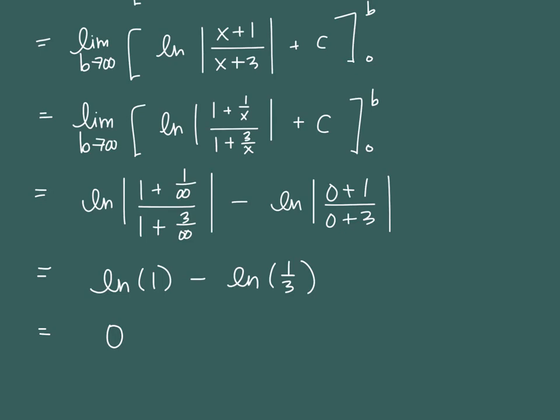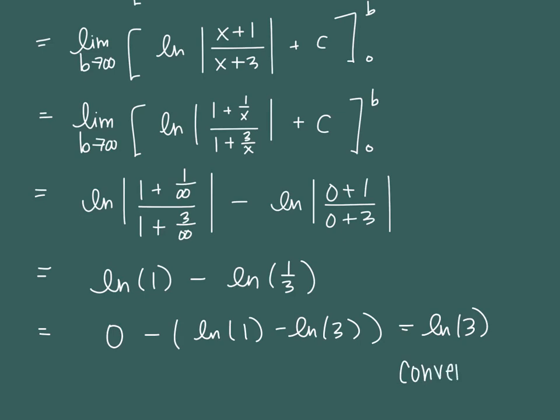Or we could write it like this. We could say minus the natural log of 1 minus the natural log of 3. We could write it like that if you want the 1/3, right? And so if you distribute the negative, we get ln 3, which means ultimately what about this original integral? It converged. The area converged to the natural log of 3. Okay, one more.